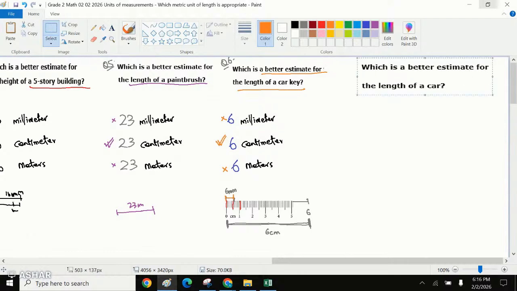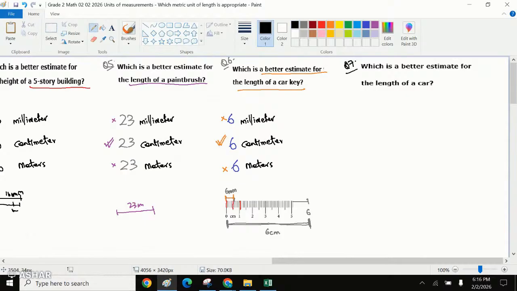If a car is centimeters long, still I don't think we can sit in a centimeter car, right? So if the units given are, let me just copy these values. If these were given to us, let's see, 5 millimeter, 5 centimeter, and 5 meters. So which is a better estimate?